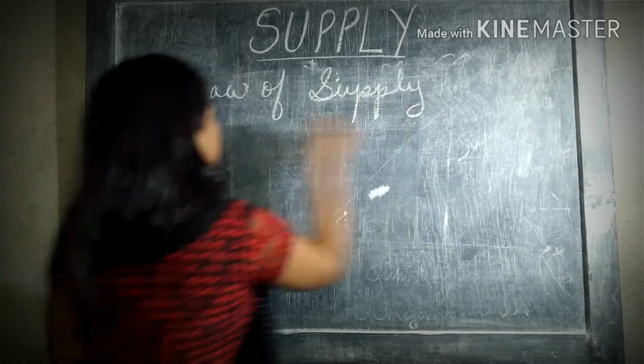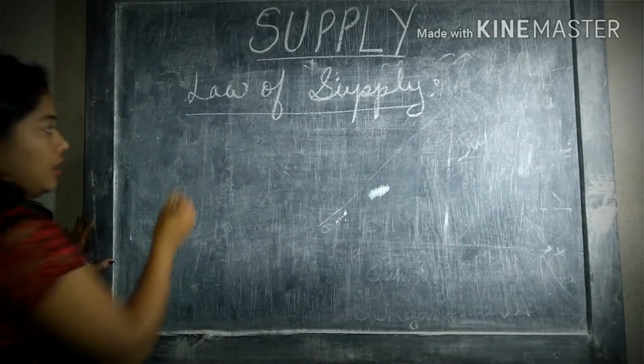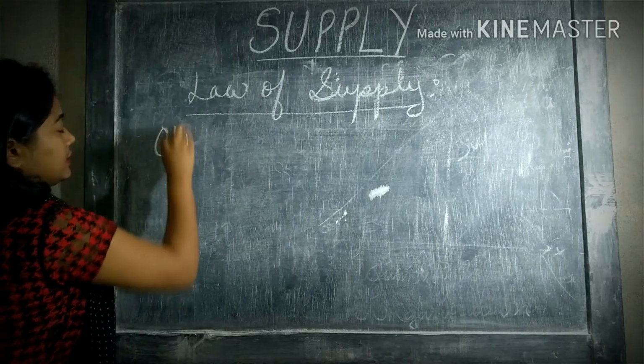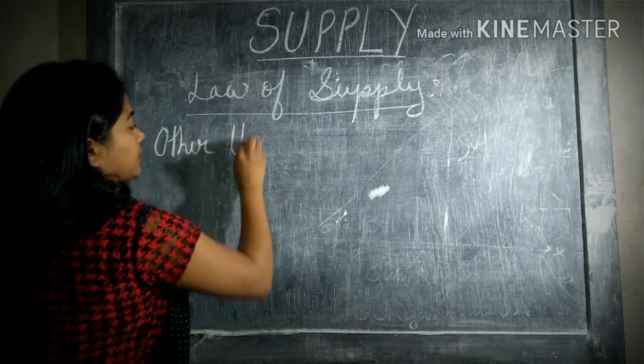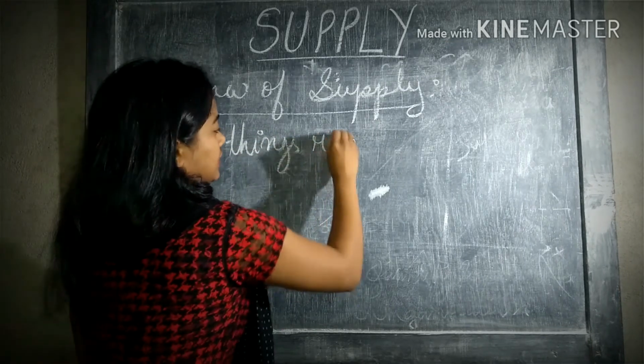So the law of supply is very simple. Only one condition is there: other things remaining constant.